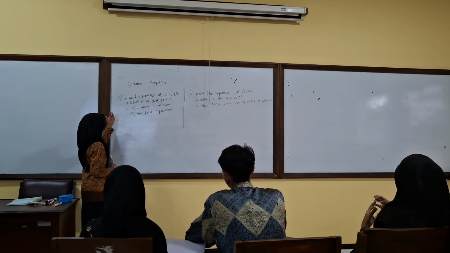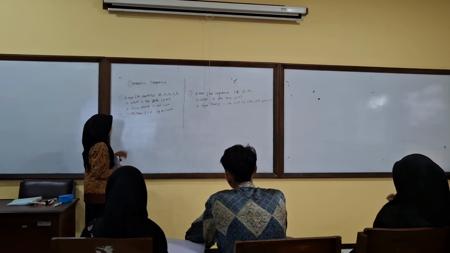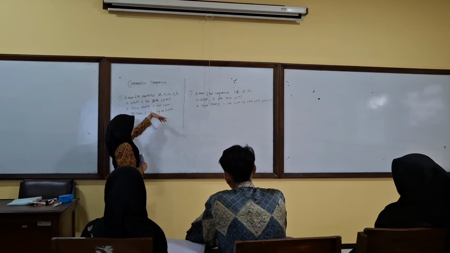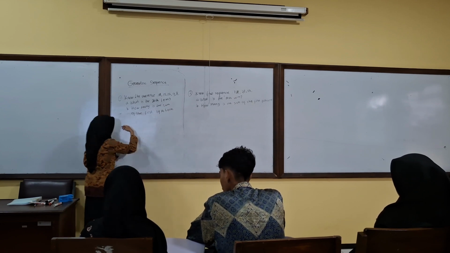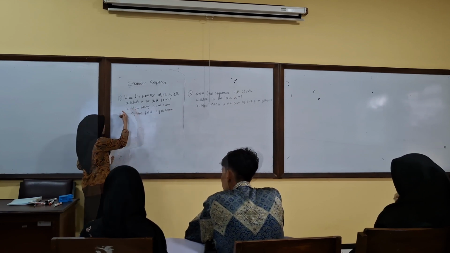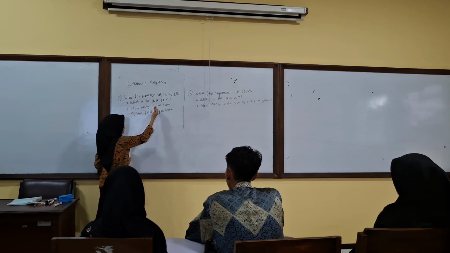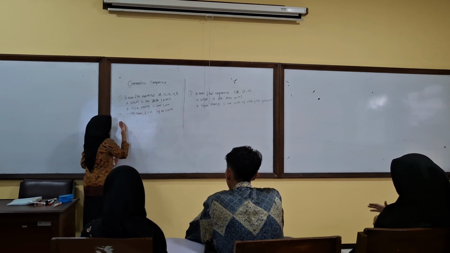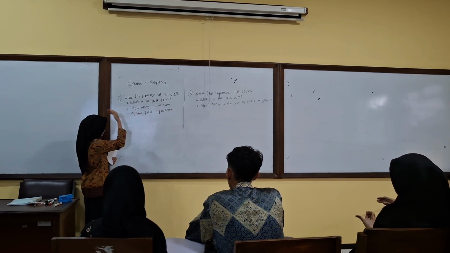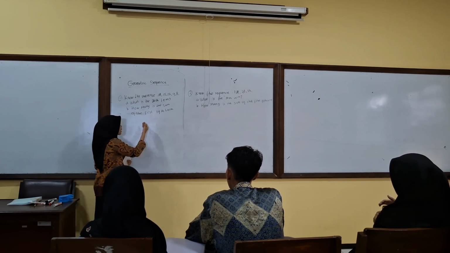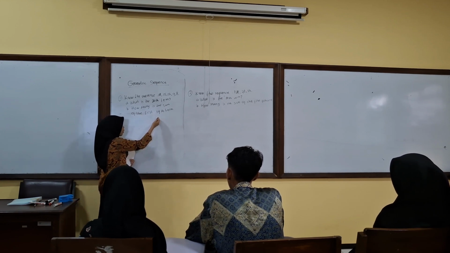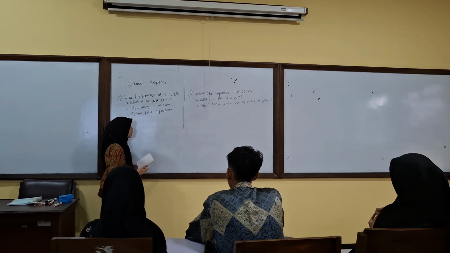Question 1. Given the sequence 18, 15, 12, 9, 6, and so on. A. Determine the 20th term. B. What is the sum of the first 40 terms?